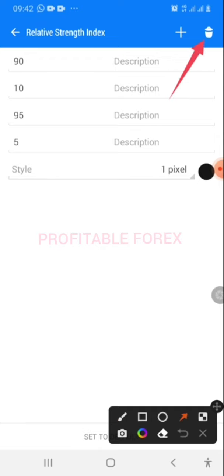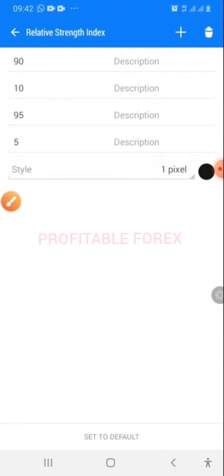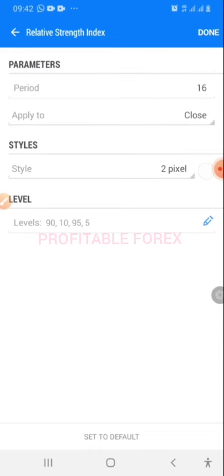Click on delete first, then click on the plus sign to add the levels. Our levels are 90, 10, 95, 5, then style 1 pixel or 2 pixel if you want, and color black. Click on done.